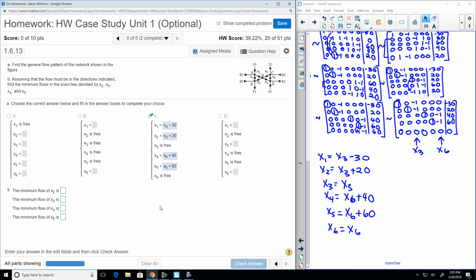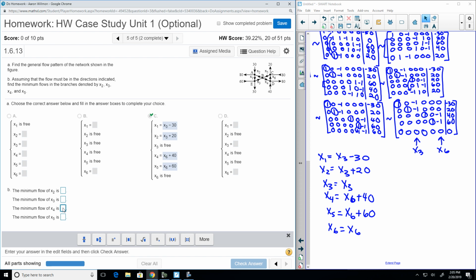Do we see that? So that one's easy. That would be their minimums. And X3 would have to be 30 because I got the negatives. So the smallest that X1 can be is 0. So that means the smallest X3 can be is 30.